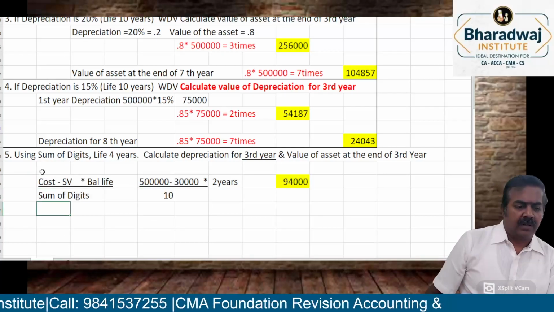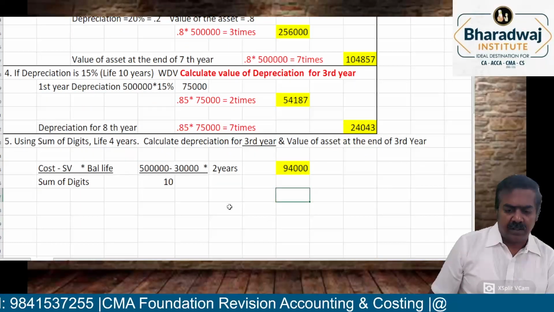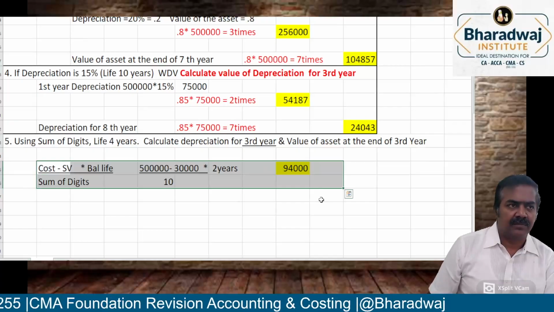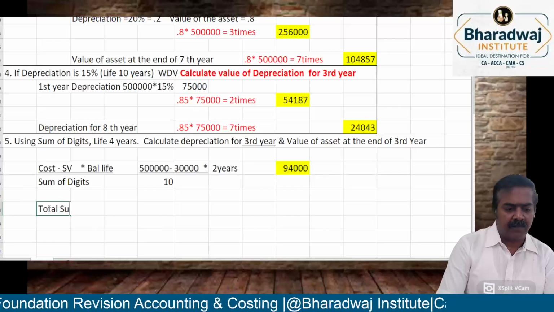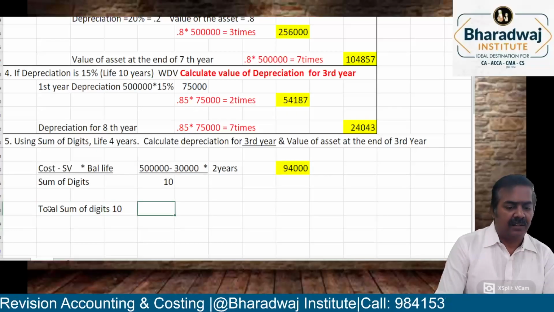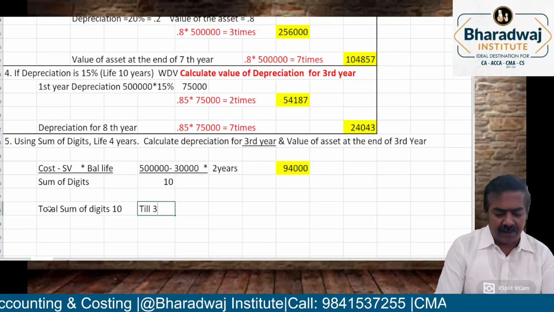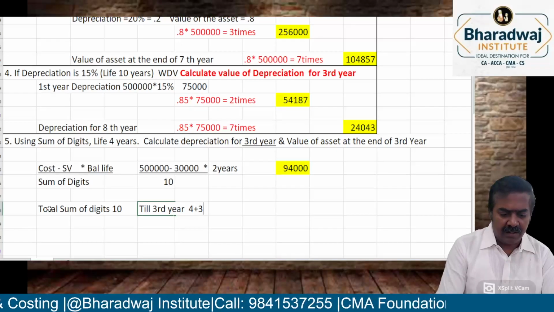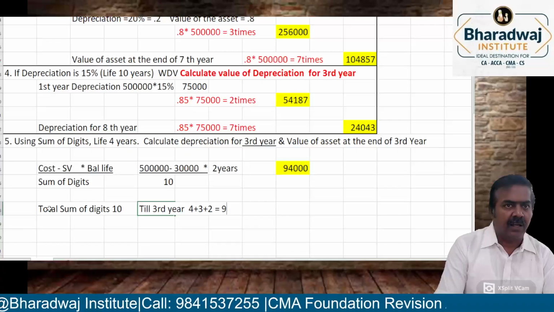How to work out the value of the asset at the end of the third year? Cost minus depreciation. Is there a shortcut to do that? What is the total sum of digits? 10. Till third year, how many digits are covered? 4 plus 3 plus 2, so 9 digits are covered.